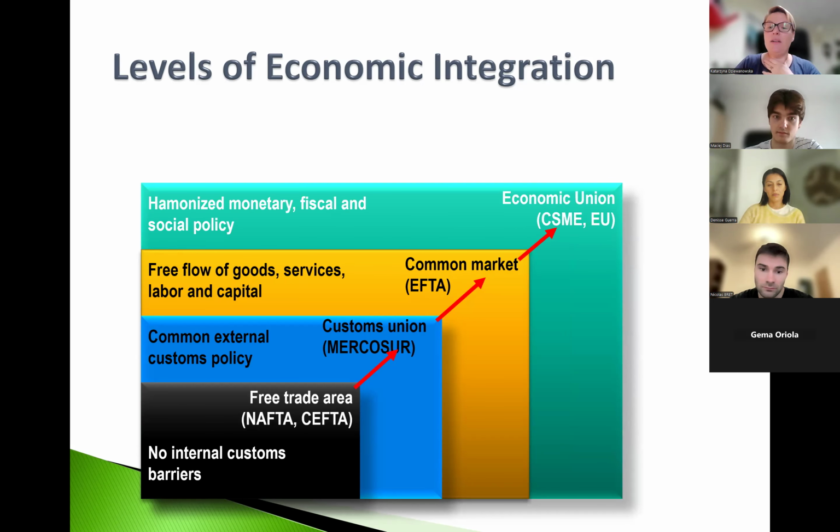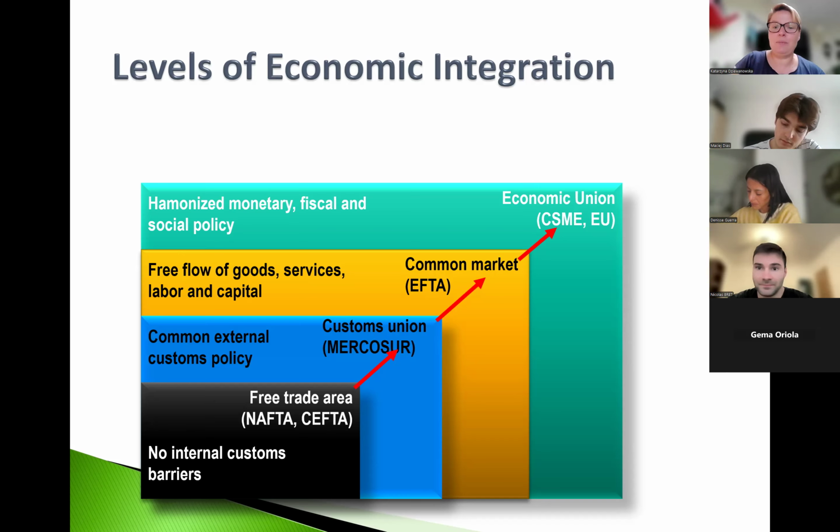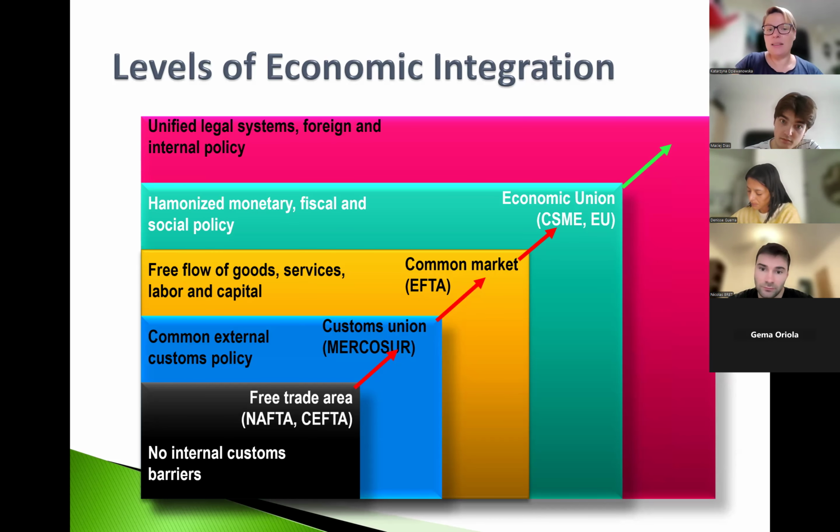Then we have an economic union, which is what the European Union currently is. And in addition to all of the below, you also have harmonized monetary, fiscal, and social policy, like the Eurozone, right? You have the same currency. So the policies are very much harmonized, unified, which makes operations easy. And then the last, we have political union. As you can see, there is no actual example.